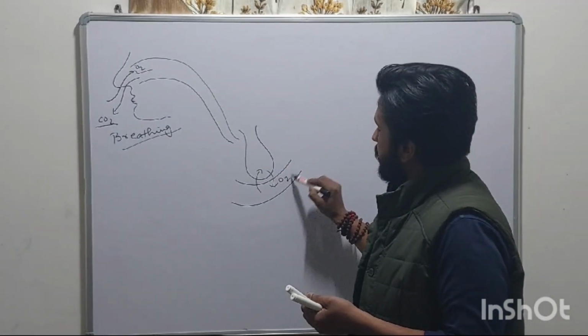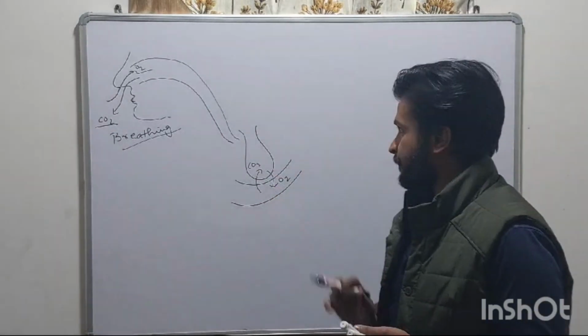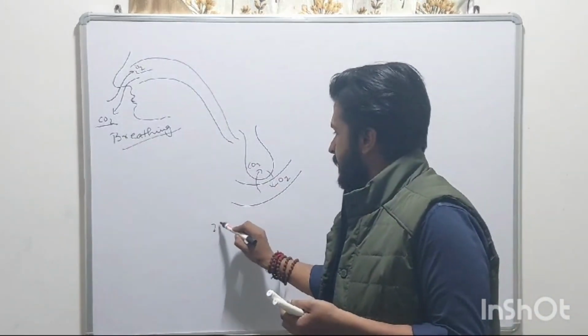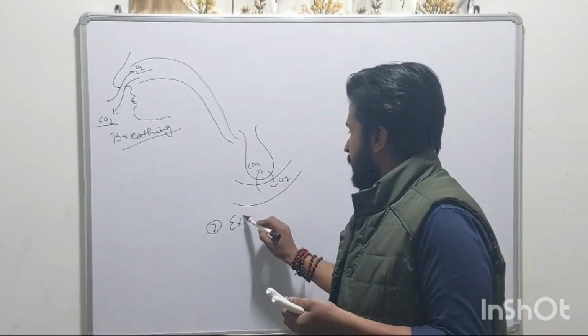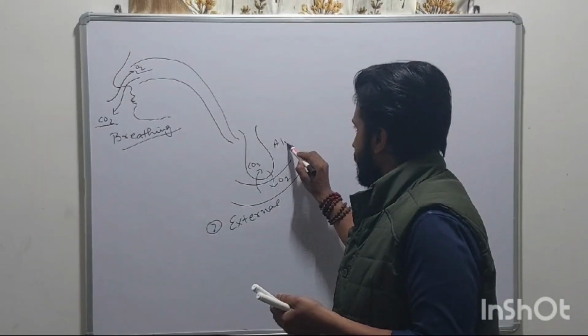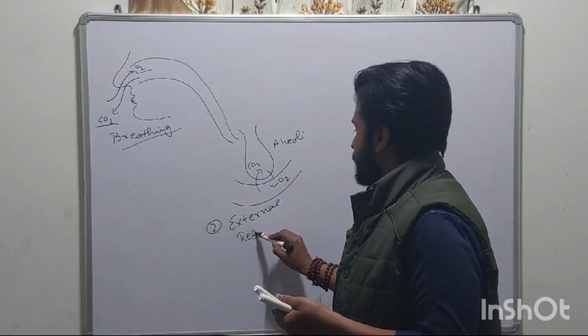The O2 is given to the capillaries of blood and the CO2 is received by the alveoli. So this is the second process of breathing and exchange, at the site of alveoli, and it is a kind of external respiration.